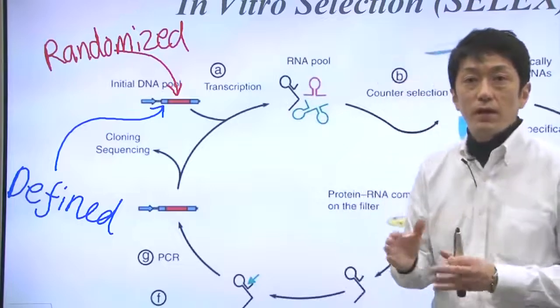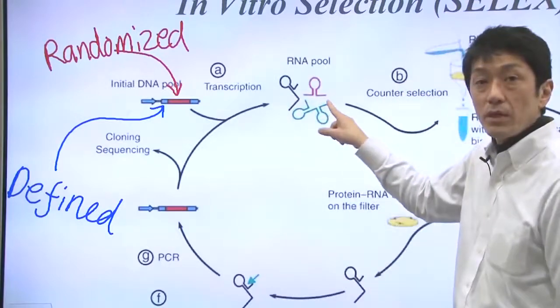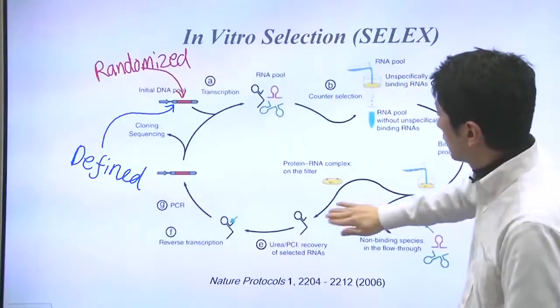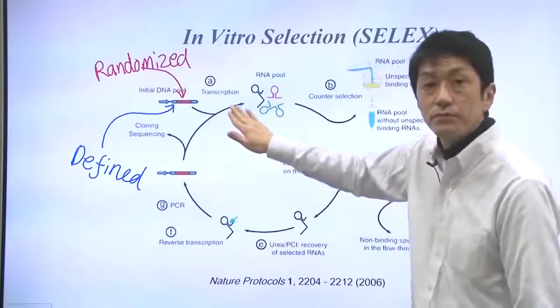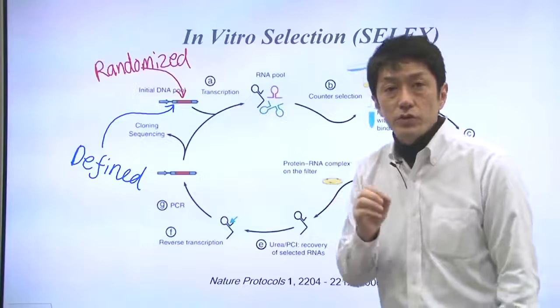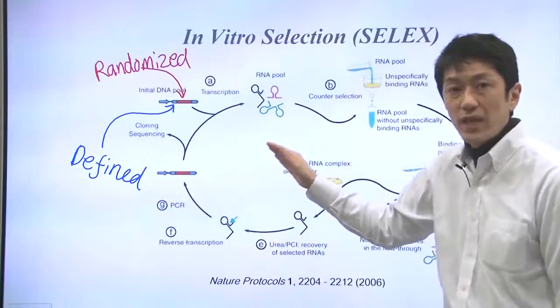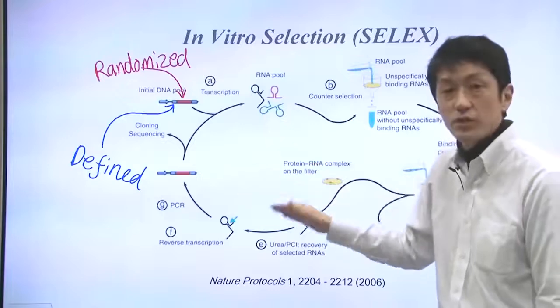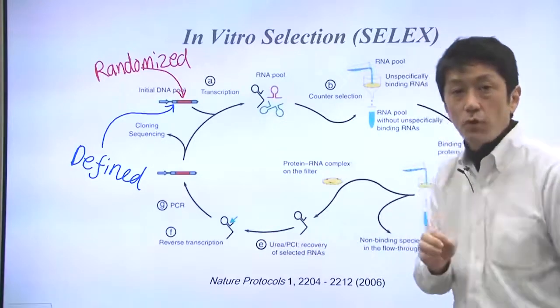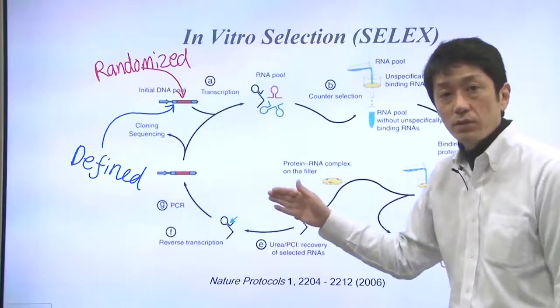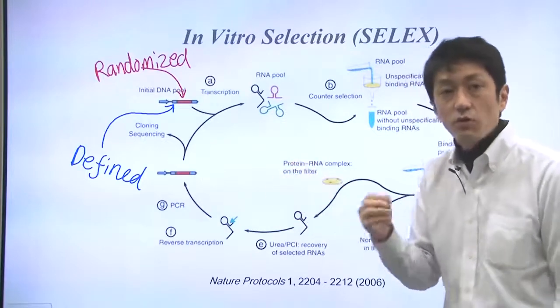The amplified RNA library can be used to start another round of selection and amplification. If you use strict conditions for the selection, the resulting population of protein X binding RNAs will be very, very small. Only a few molecules of RNA may bind to protein X, but do so strongly.